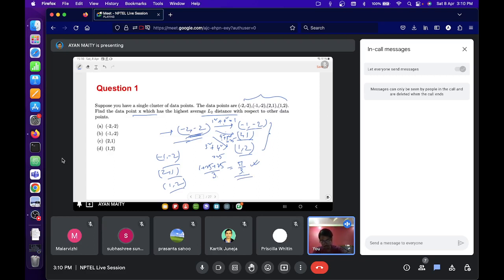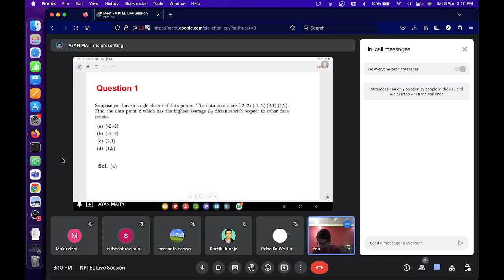So if you calculate for all 4 points, you will find out that option A, minus 2, minus 2 is the right answer, that it has the highest average L2 distance with respect to all other points. So that is what you have to do for this question.